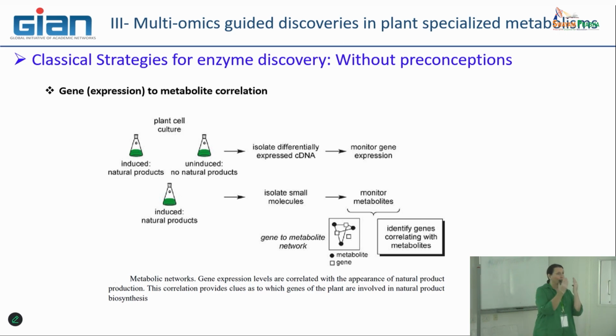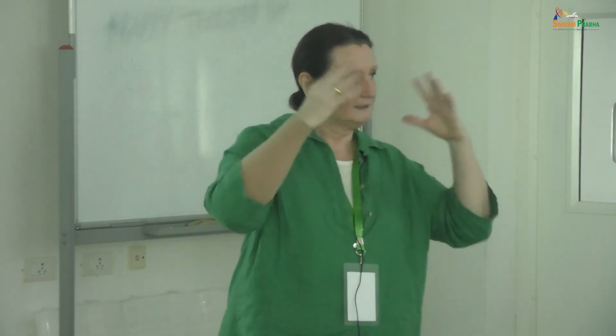You can eliminate all the commonly expressed genes, and you can focus only on the genes that are specifically expressed in one condition or the other, because not only those expressed in the condition making the metabolite are really interesting, but also those that are downregulated in another situation. This is a way to access not only one gene, but several genes of the same metabolic pathway.